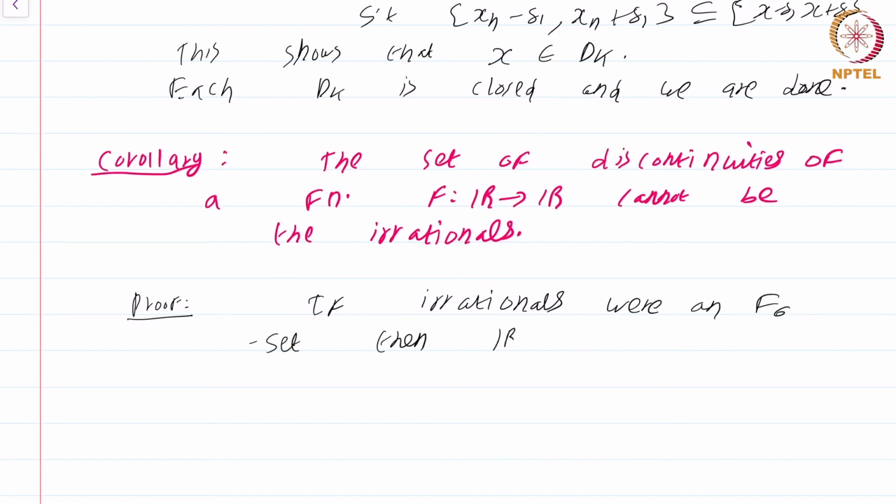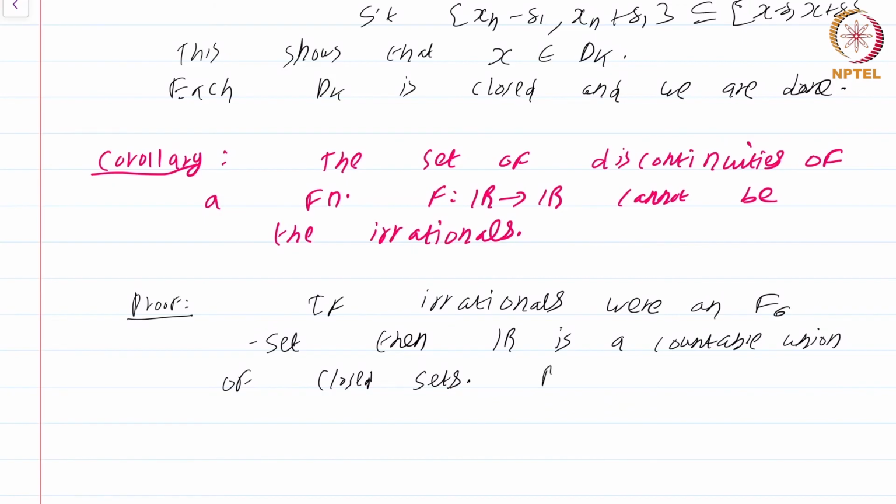R is a countable union of closed sets. Why is it a countable union of closed sets? Well, Q is a countable union of singleton sets which are closed, since Q is countable. So R would also be a countable union of closed sets, because the irrationals are an F sigma set. We are assuming that. That's the definition of an F sigma set.